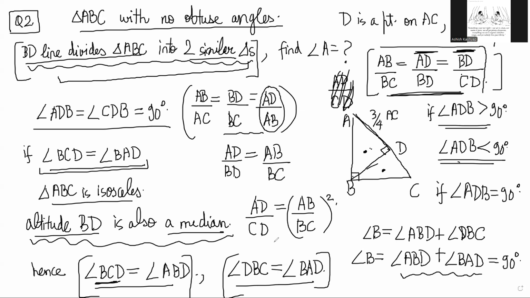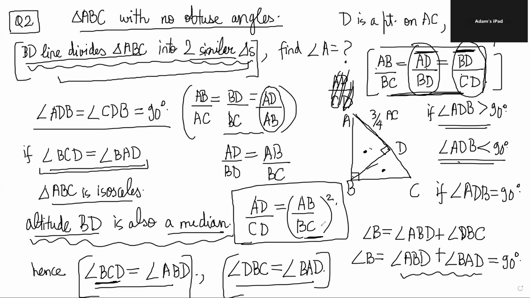Do you understand what I'm saying? I have taken this ratio and multiplied it with this ratio. Since both are equal to this, I can write AB by BC whole square, right? And that will cancel the BDs, right? Do you understand what I'm saying? So now I know this ratio already from the question, 3 by 4, right?